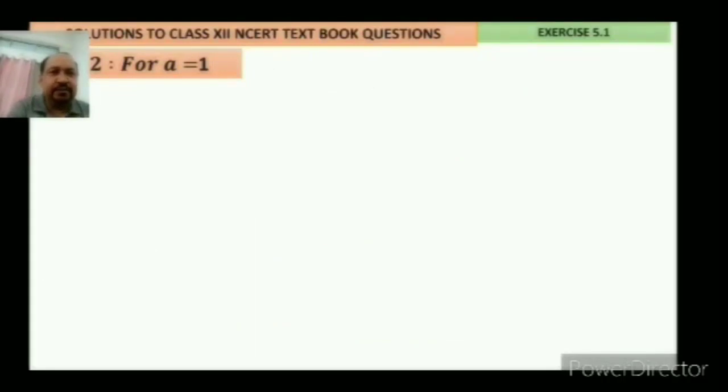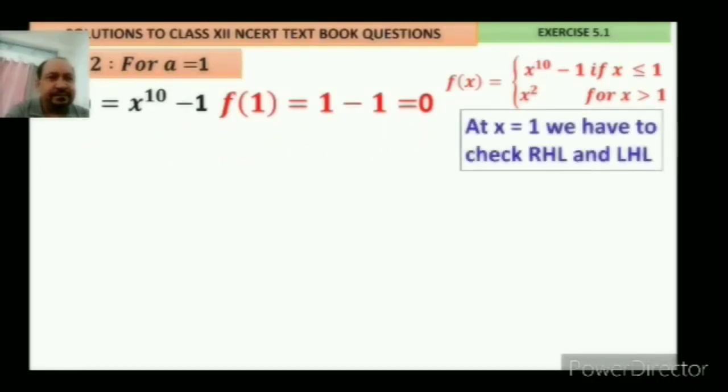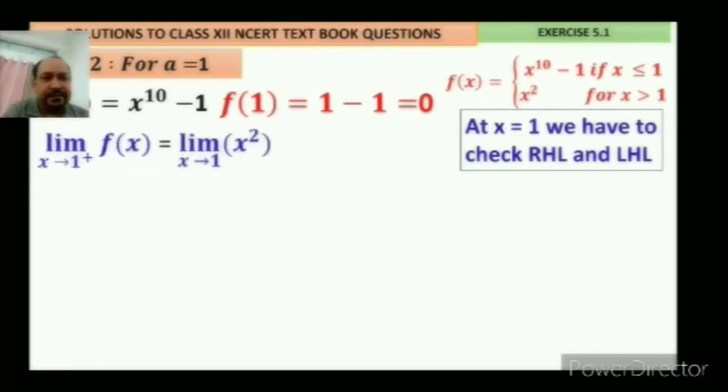For case 2, for a equal to 1, the value of the function when x equal to 1 is defined as x power 10 minus 1, so the function value is 0 at x equal to 1. Now you have to check RHL and LHL also.